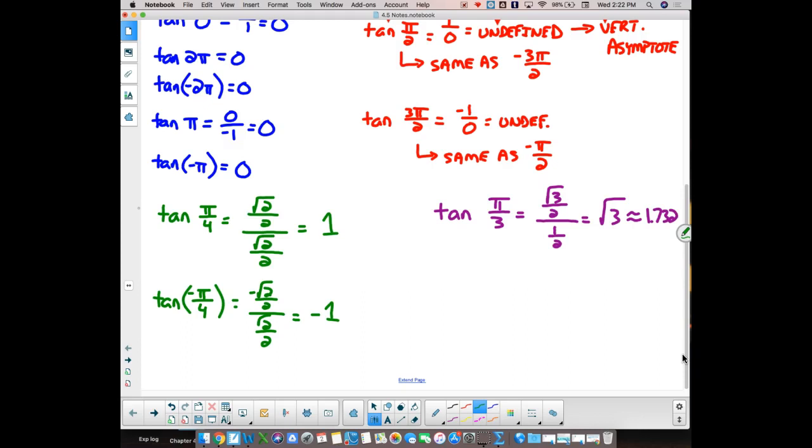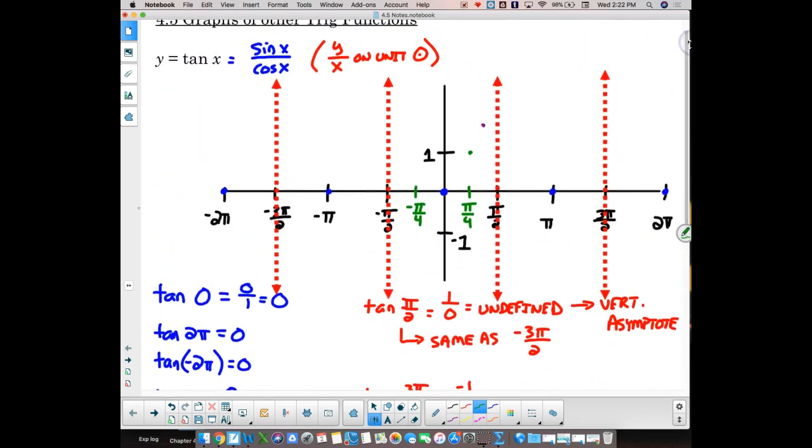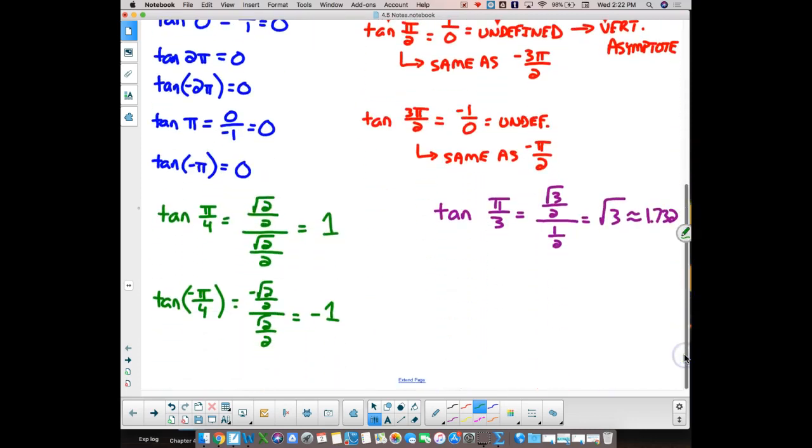Okay. So that one is down here. What about the tangent at negative pi over 3? Negative square root of 3, because now it's going to be negative root 3 over 2 over 1/2, which is negative square root of 3, which is negative 1.732.